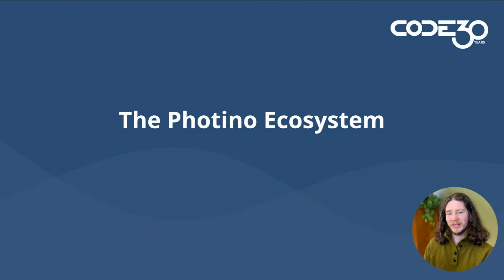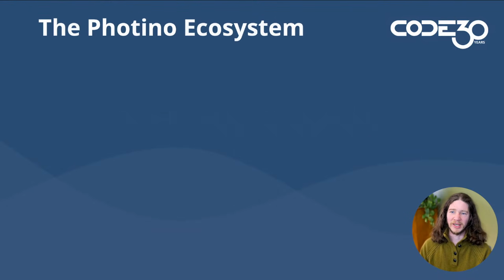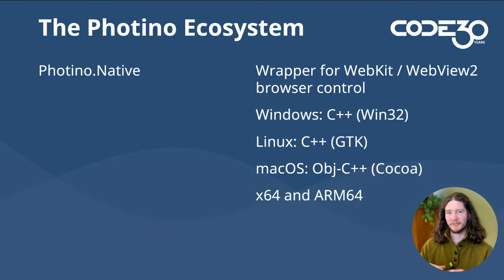So the greater Photino ecosystem looks like the following. At the core of it, we have the Photino native package, which is just the wrapper for the WebKit and WebView controls. In Windows and Linux, it's C++ for Win32 and GTK respectively. On macOS, we're using Objective-C++ with the Cocoa framework.